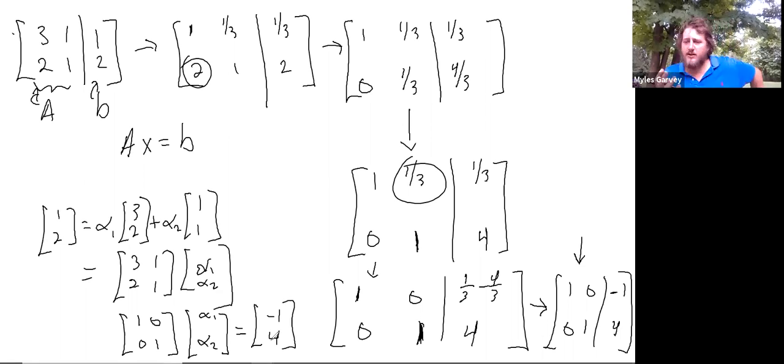That's what the row operations of the matrix do, it reduces it down. But notice when you multiply this out, matrix multiplication, alpha 1 times 1 is alpha 1 plus 0 times alpha 2. So this says that alpha 1 is equal to -1. 0 times alpha 1 is 0 plus 1 times alpha 2 is just alpha 2, which is equal to 4.